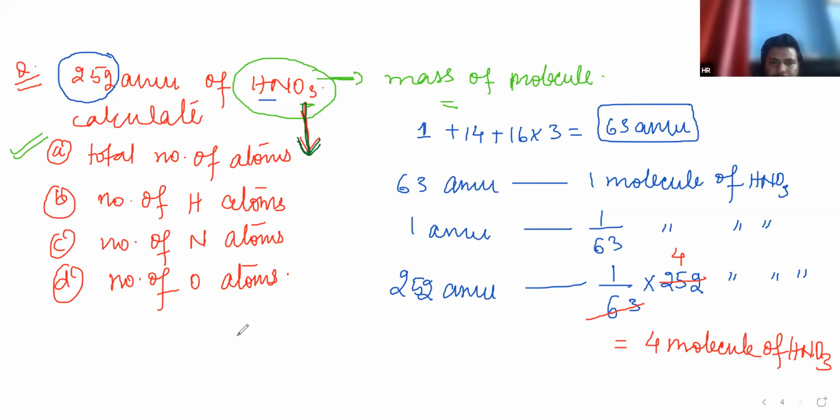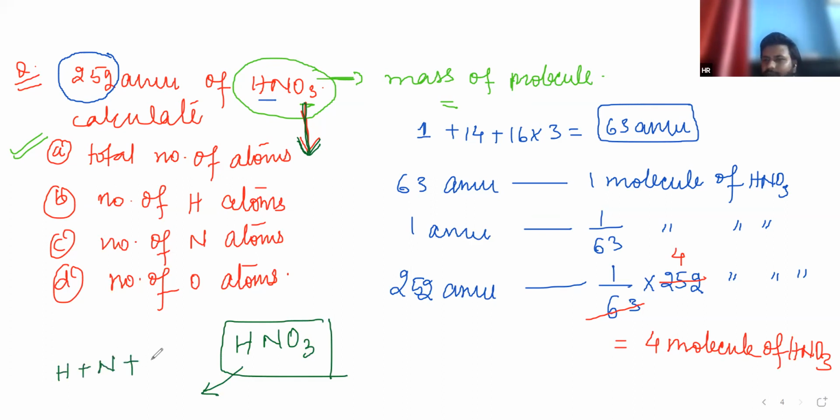Okay, just see, if I am asking how many atoms are present in this molecule, hydrogen is present, nitrogen is present, and oxygen is present. How many atoms of oxygen are present? 3 atoms of oxygen are present.